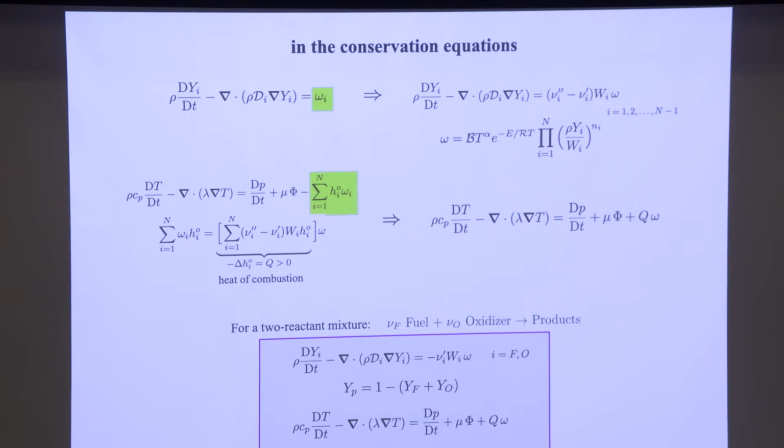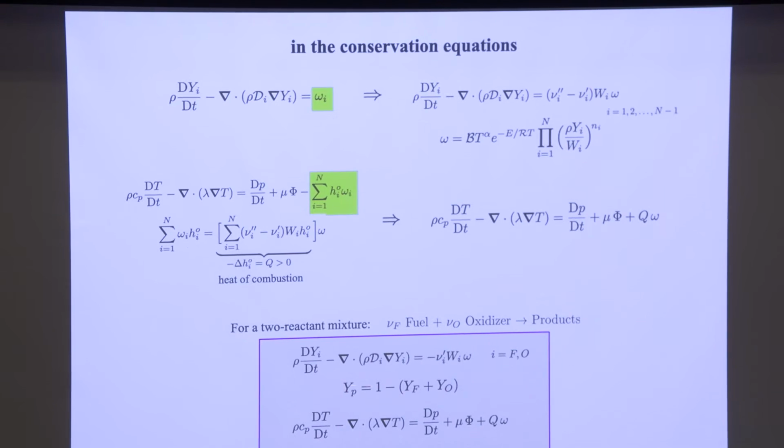Okay, so for a two-reactant mixture that we will often use, then this equation will be, I will be either fuel or oxidizer, and then I only kept the nu I prime. In fact, I don't even need the I, I can call it nu F because it's 0 on the product end.